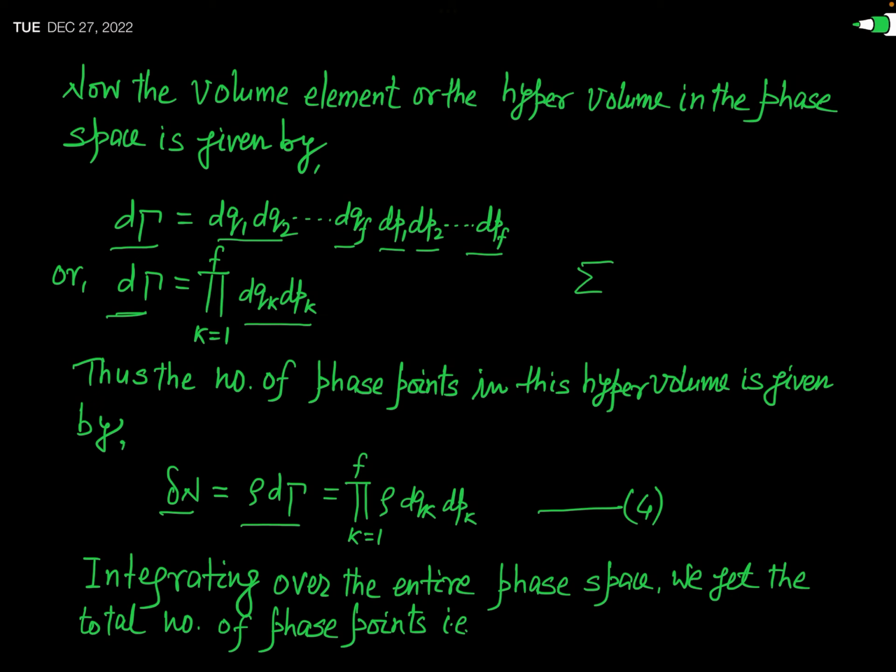So you can easily say that this delta n will be equal to the product over k from 1 to f of rho times dqk and dpk. So this delta n represents the number of phase points in the hypervolume d gamma.